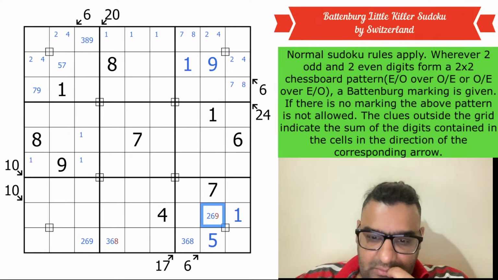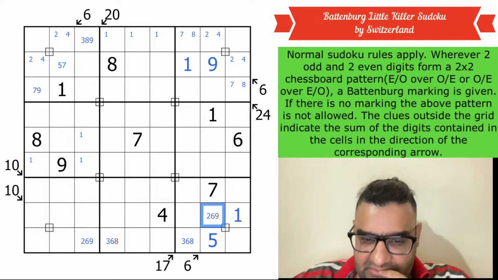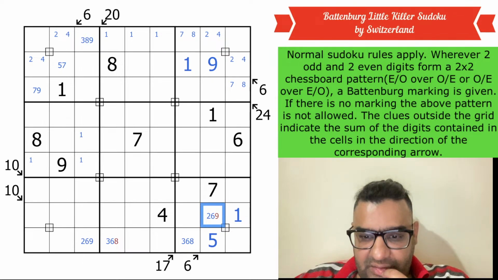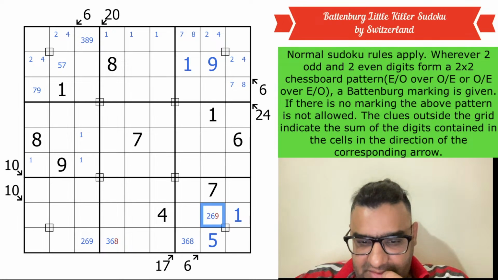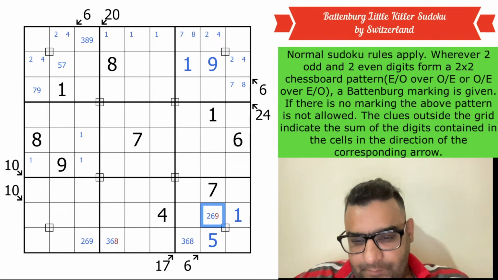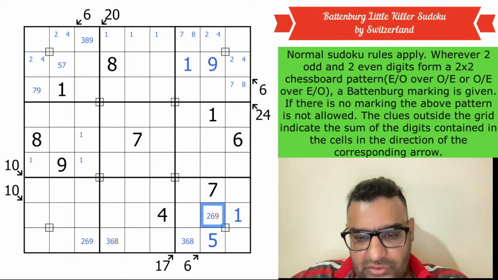Now let's go to the other combination, which is 9. Can I put a 9 here? Can I put a 6 here? Can I put a 2 here? It can be. So both are correct.